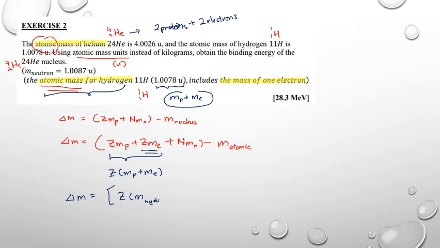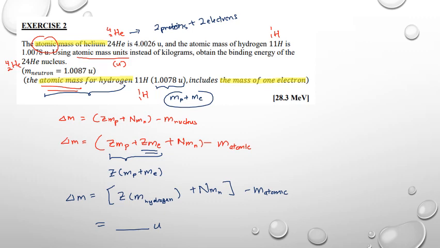The atomic mass for hydrogen is the mass of 1 proton and 1 electron. So Z M hydrogen plus N MN minus M atomic. From here, you can then get the mass defect in atomic mass units.